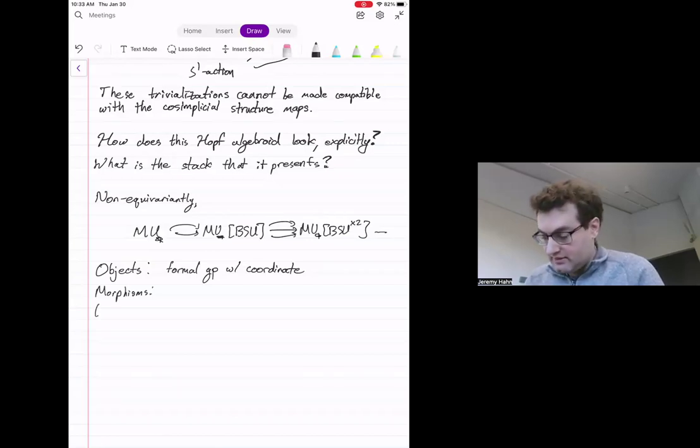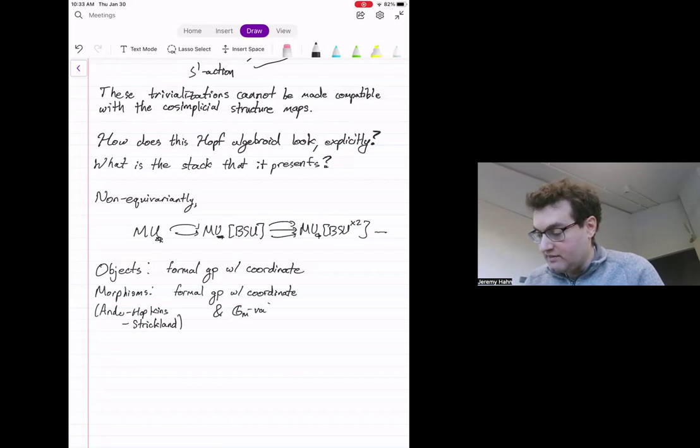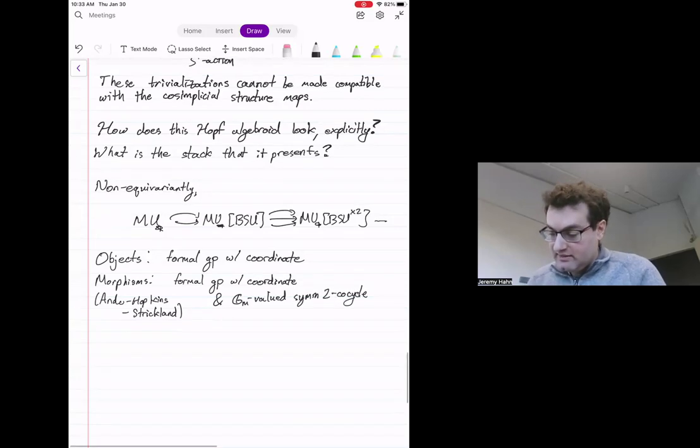So there's a result of Ando, Hopkins, Strickland, which tells us what the MU homology of BSU classifies. And what it classifies is, again, you have a map from MU star, so you have a formal group with coordinate, and you have a G_m valued symmetric 2-cocycle. This is what Ando, Hopkins, Strickland tell you you get.